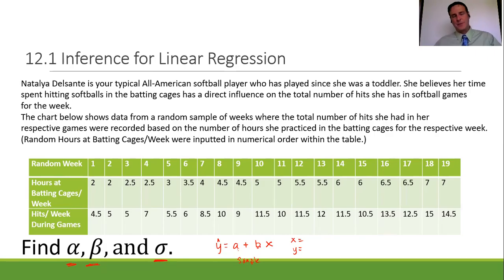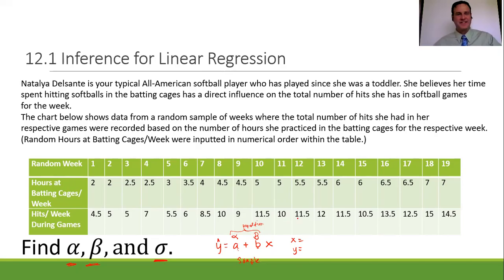Had we been able to use a population representation, instead of having an a, we would have an alpha, and instead of having a b, we would use a beta. So these are used for a population, which again is usually too hard to find. So what do we do? We use our sample data to help estimate what we think the true population data may be.